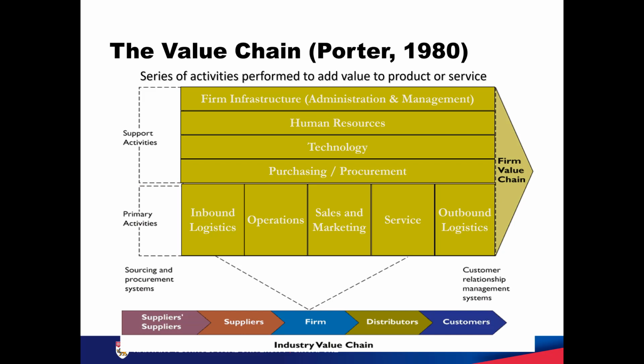Here you see the value chain, which is proposed by Porter some decades ago. Now, it is still meaningful to us because the value chain model essentially tells us that there are two kinds of activities, namely the support activity as well as the primary activity that are always relevant to any organization and businesses.